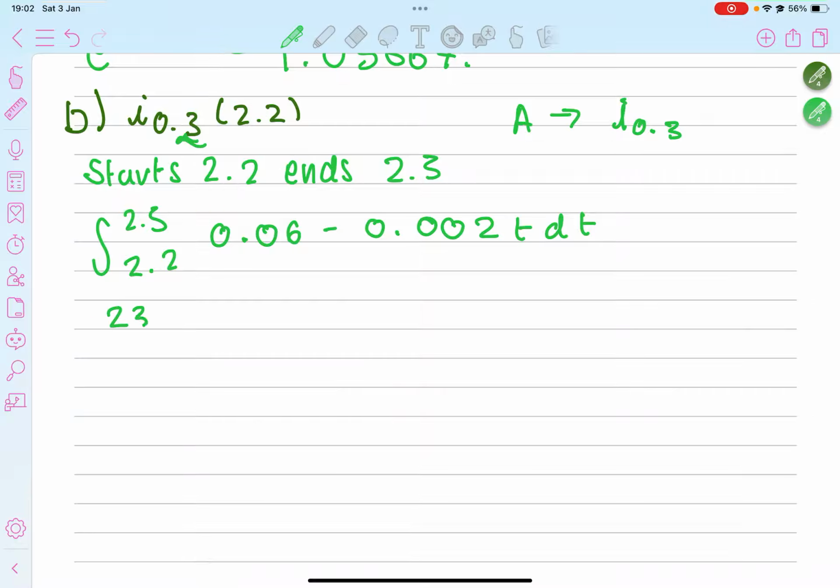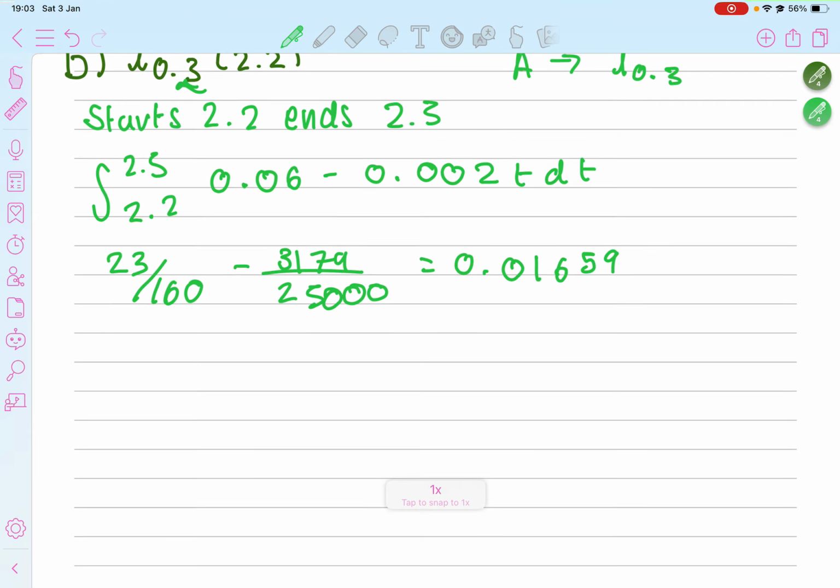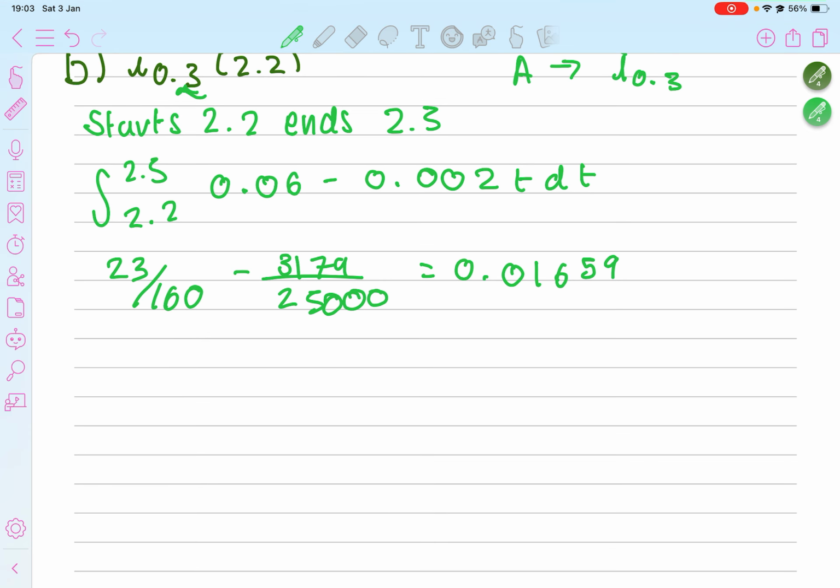Okay, so that is equal to 23 over 160 minus, because I've got to do the other one now, 3179 over 2500. So 23 over 160 minus that answer is equal to 0.01659. That's a 5, I should probably rewrite that. 59. Okay, so now this is the A of the thing.